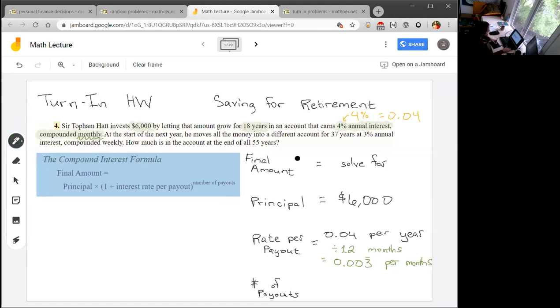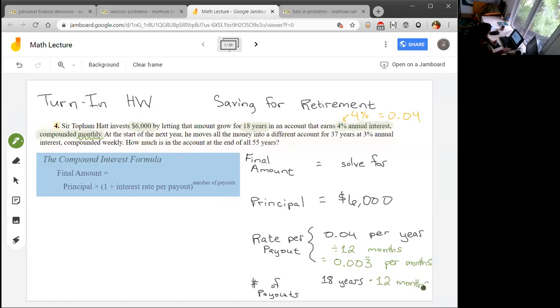Similarly, the number of payouts, it sits there for 18 years. And he gets a monthly bank statement much more than 18 times, because every year he gets 12 of them. So we'll multiply it by 12 months.